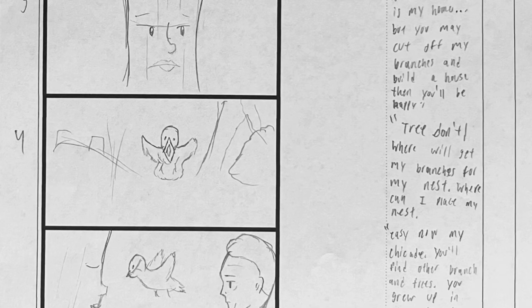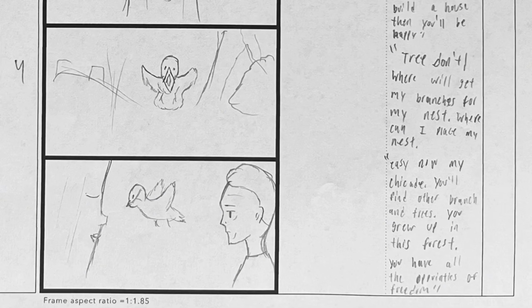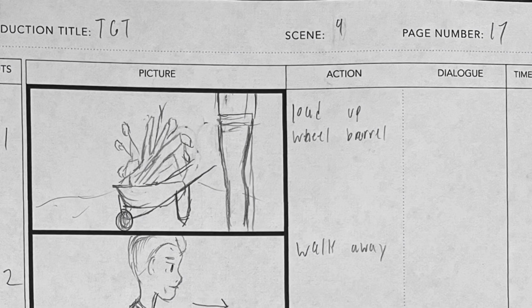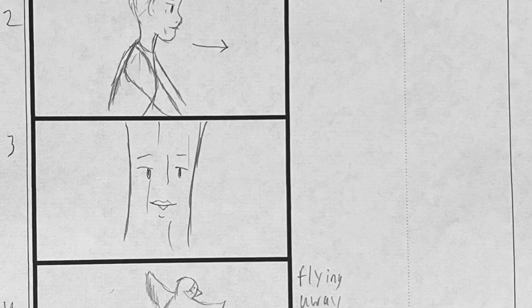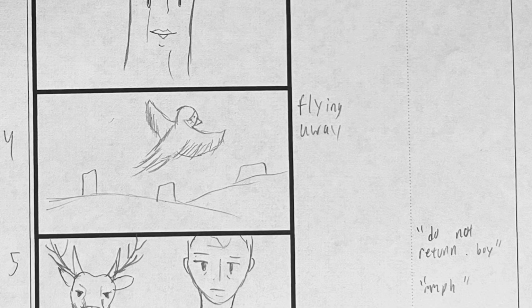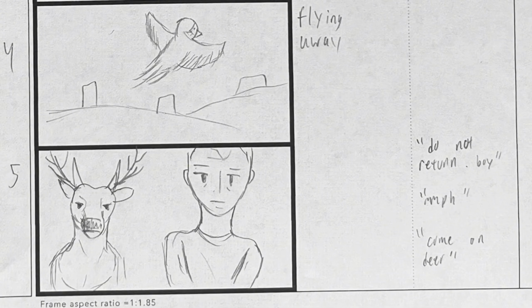Where will I get my branches for my nest? Where can I place my nest? Easy now, my chickadee. You'll find another branch and tree. You grew up in this forest. You have all the opportunities of freedom. Do not return, boy.